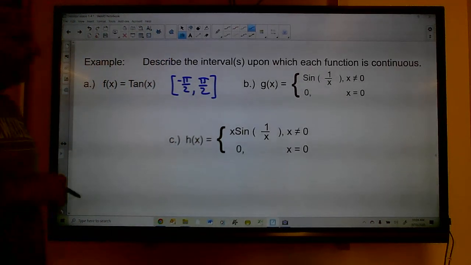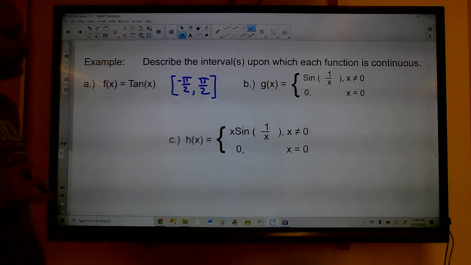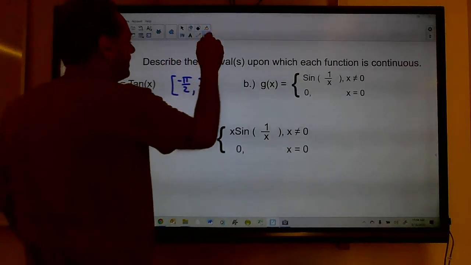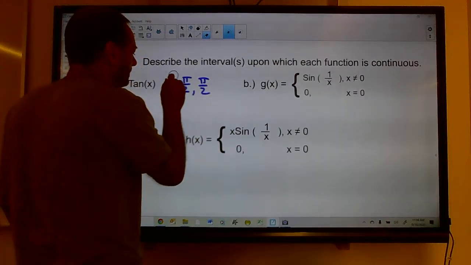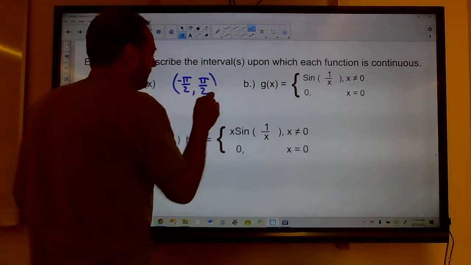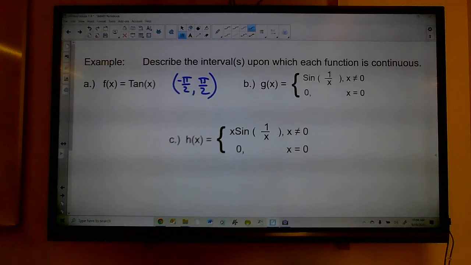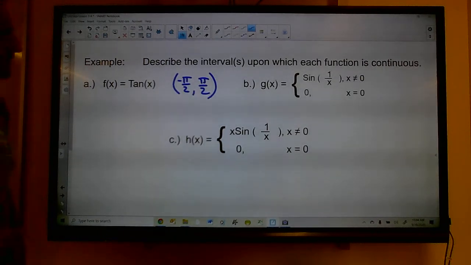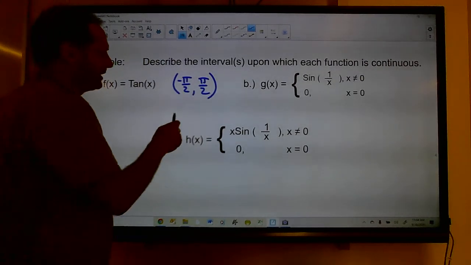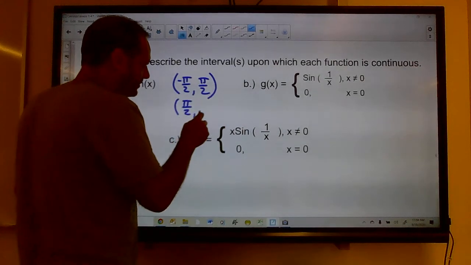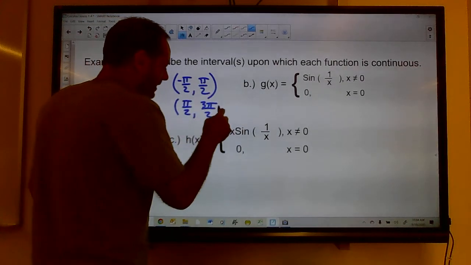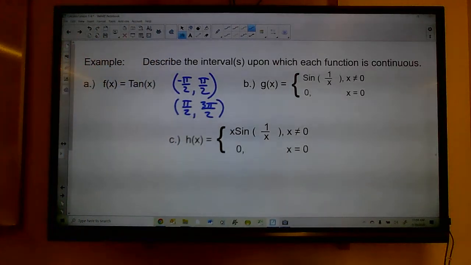Sorry, that should be open because it's unbounded on either side. And then I can add pi to each one of those intervals each time. So it's also going to be continuous from pi over 2 to 3 pi over 2, and so on and so forth forever.